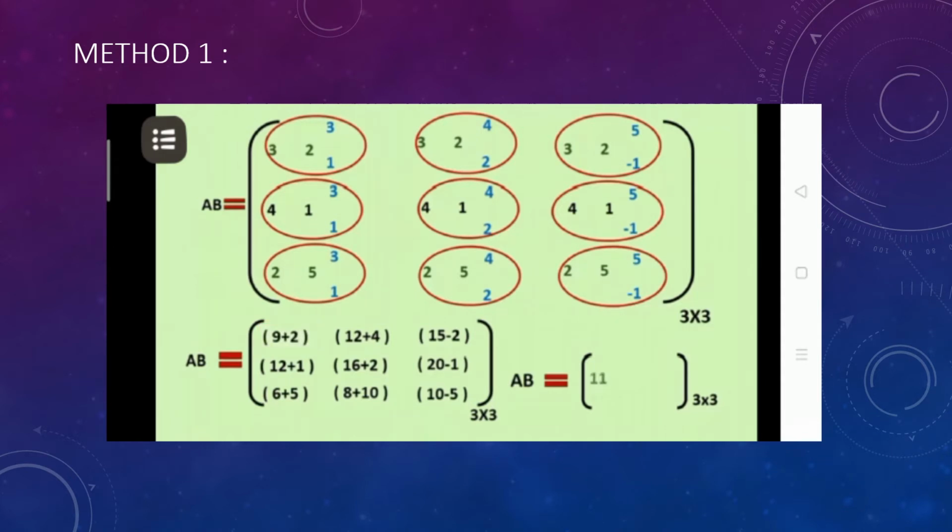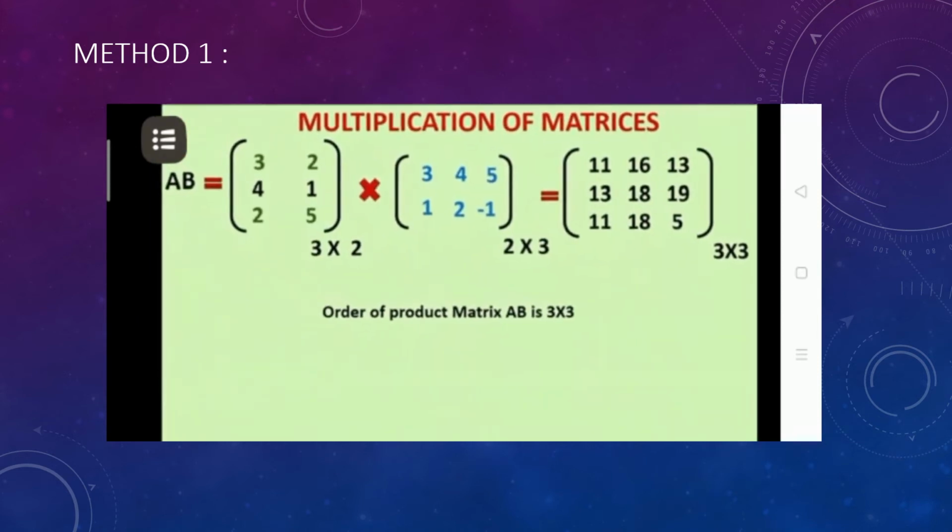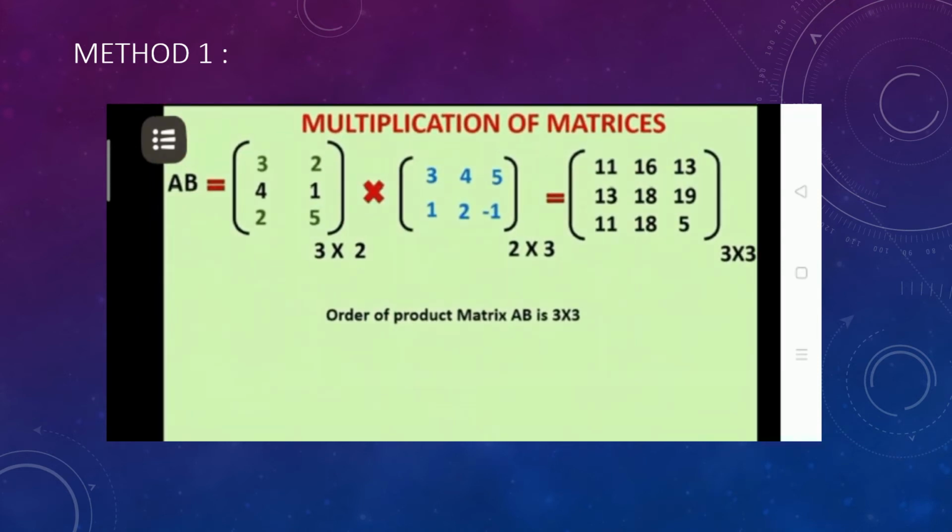And we add the results: 9 plus 2, 11. 12 plus 4, 16. 15 minus 2, 13. 12 plus 1, 13. 16 plus 2, 18. 20 minus 1, 19. 6 plus 5, 11. 8 plus 10, 18. 10 minus 5, 5. Hence the product AB is of order 3 by 3.